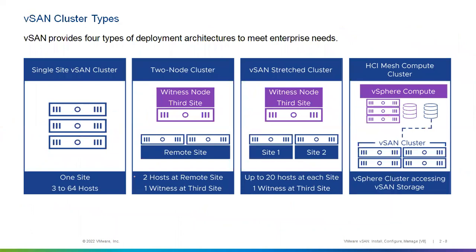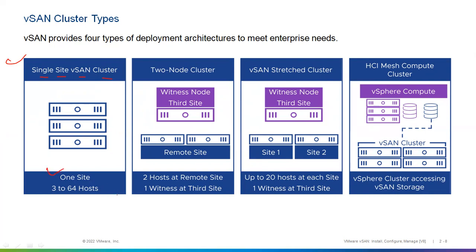So the first way of building the vSAN cluster, we refer to as single site vSAN cluster. When we say single site vSAN cluster, we are talking about a single data center, single network fabric, common network connections between all the ESXi hosts. So what we are referring to is one site.